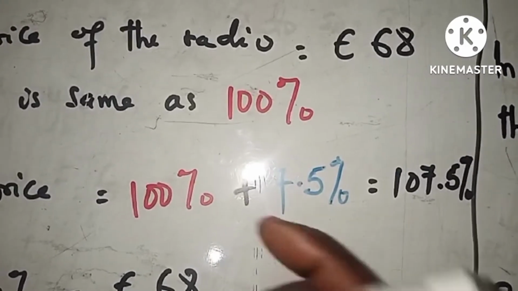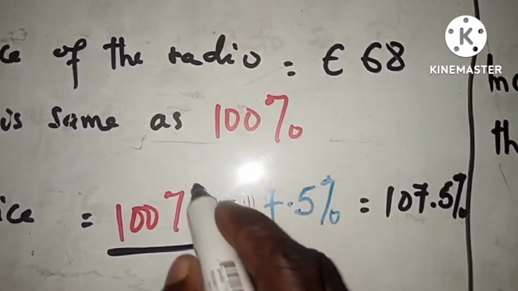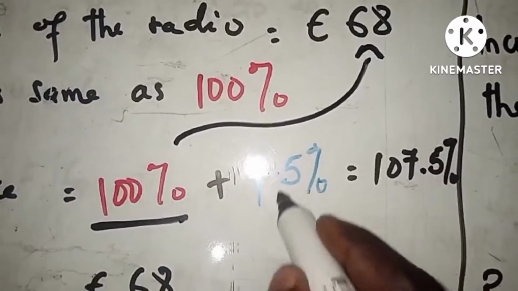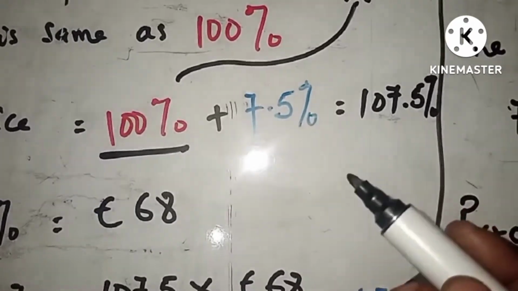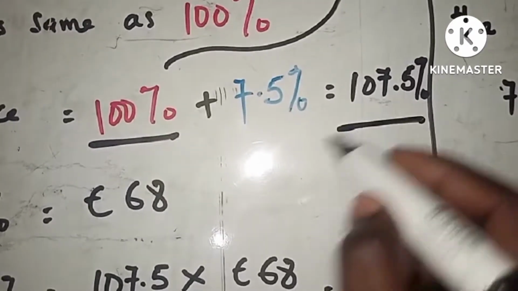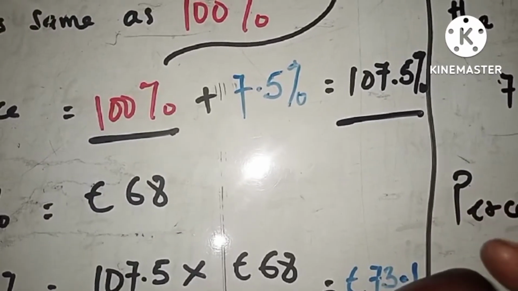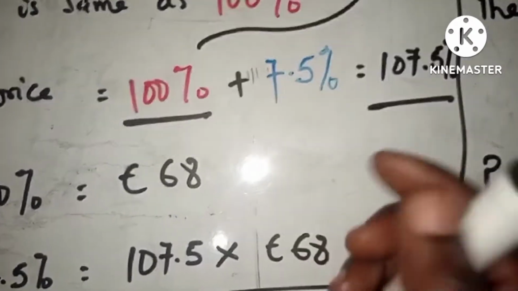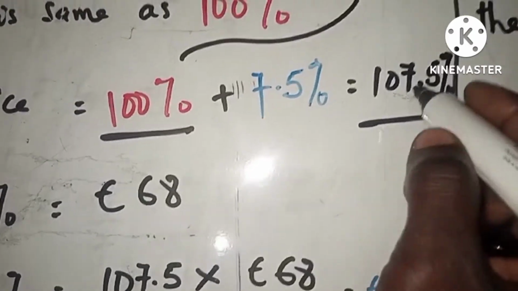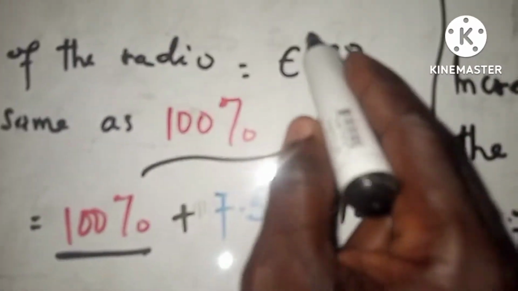Very, very simple. This is just the original cost, which is equivalent to the 68 here, and the 7.5 is the profit that we are making after selling the product. So in all, we are going to have 107.5%.